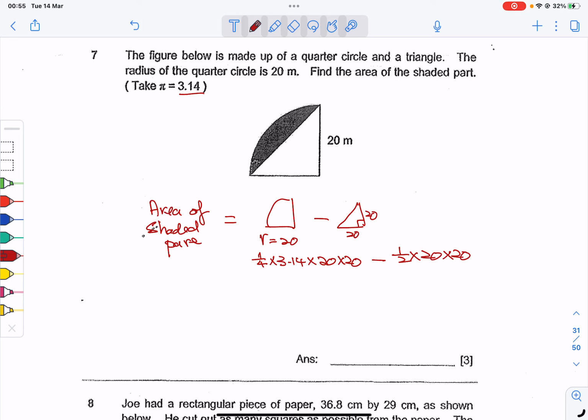Okay, so we will have 1/4 times 3.14 times 400, and half times 20 times 20 is 200. So total will be 314, minus 200. Okay, 114 is the shaded part. Because this is in meters, the 114 is meter square.